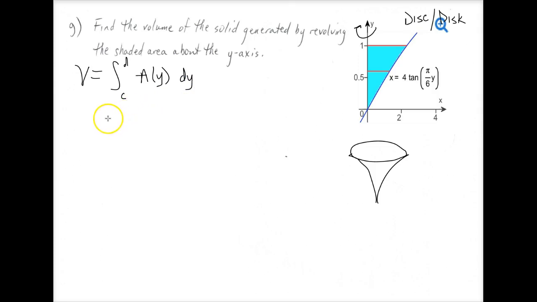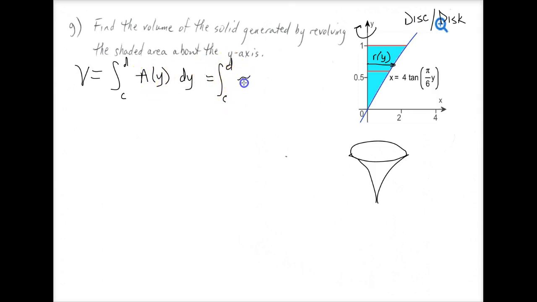So what we need to do now is actually figure out what our area is going to be defined as. And so, of course, if we look here, our radius here is just going to be defined by what the x value is here. So this is our radius in terms of y. And let me go ahead and put this here just so that we're clear.